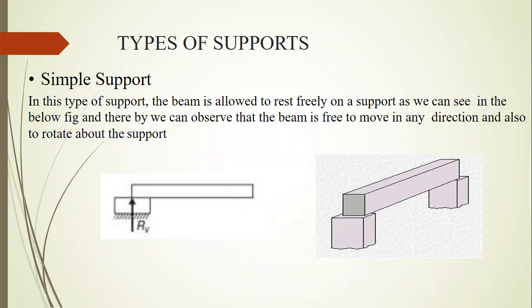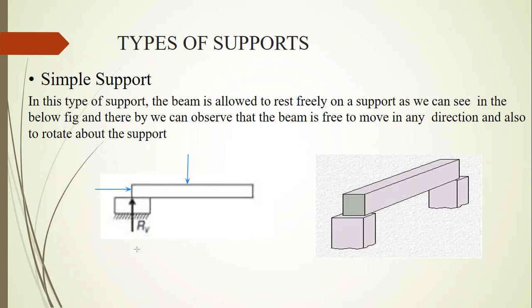That means in the perpendicular direction, along the transverse direction, if the load acts in this direction, it will develop a reaction. If the load acts in this direction, what happens? It will move the object. Since there is no fixity here, the object will fall down. So there is no reaction along the horizontal direction in a simple support.